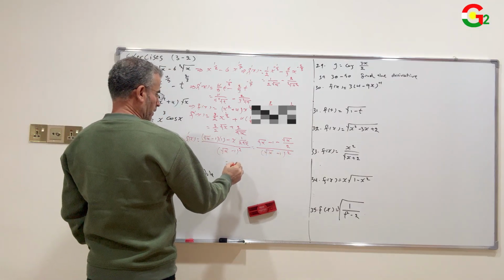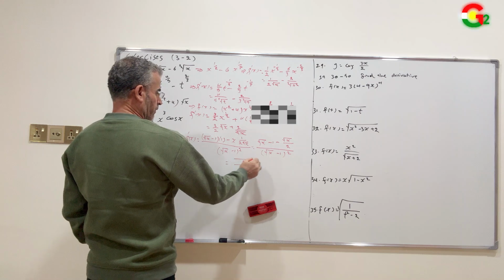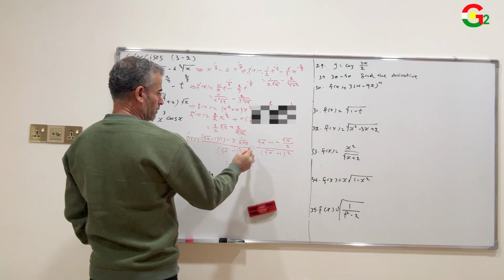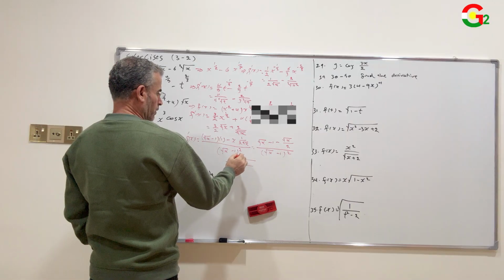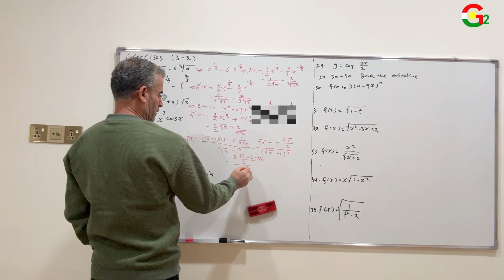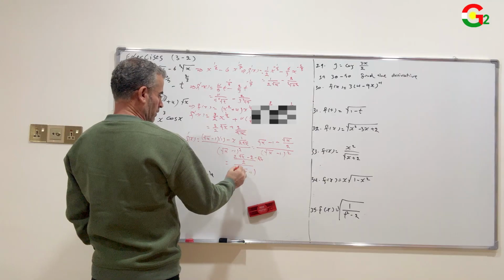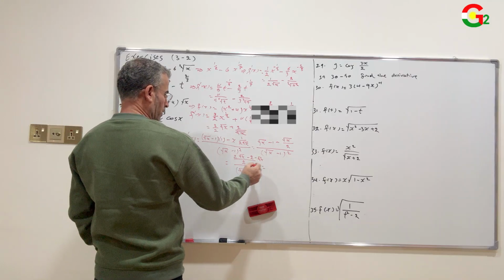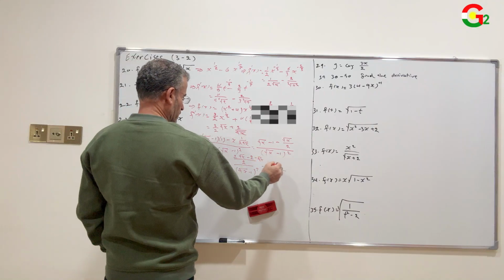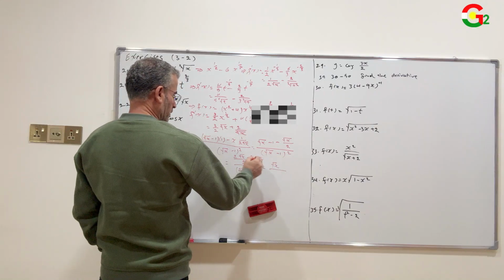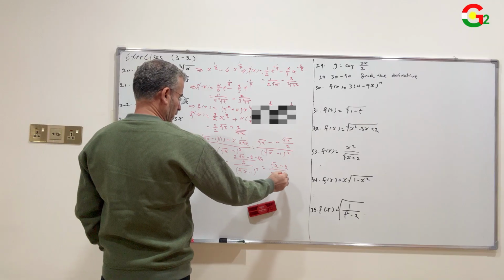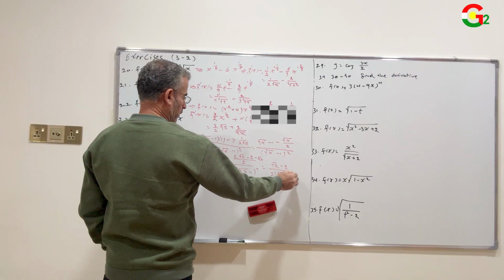We can find the common denominator for the terms in the numerator. 2 square root x minus 2 minus square root x over square root x minus 1 all power 2, equal to 2 square root x minus x square root x minus 2 over 2 square root x minus 1 all power 2.